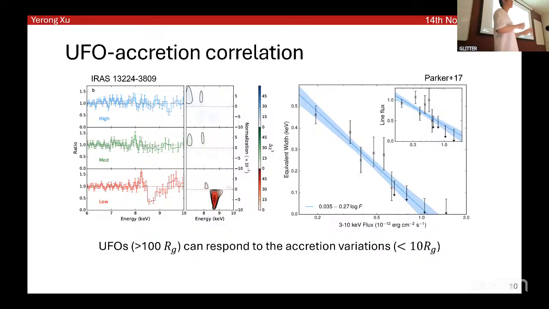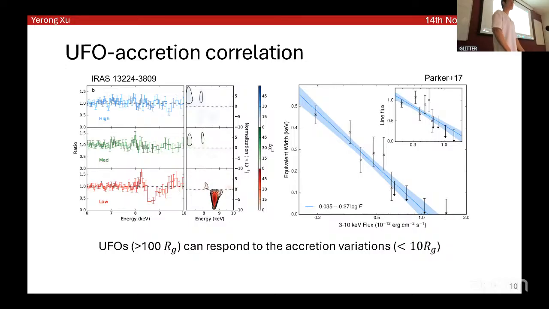So the hard X-ray are very hot, and the UFOs here are also very highly ionized, which means if we have more hard X-ray photons, the UFOs will be over-ionized. That means we cannot observe very strong outflow features. So that's why it could explain this anti-correlation. Yeah, thanks for the question.